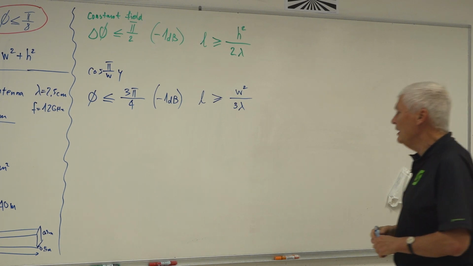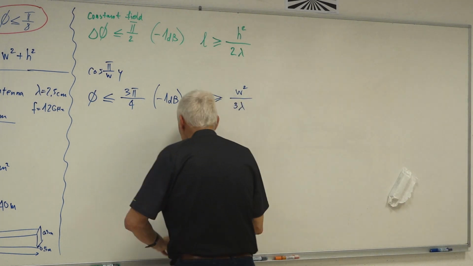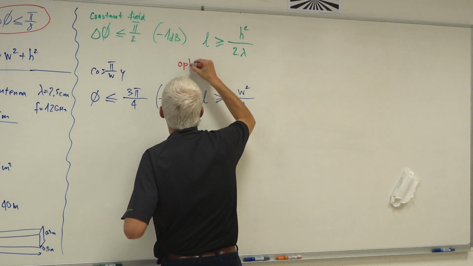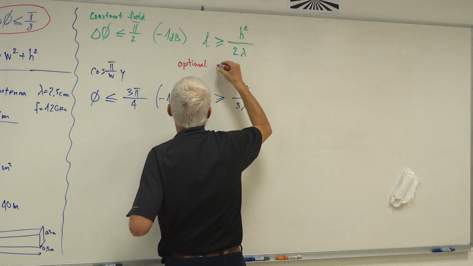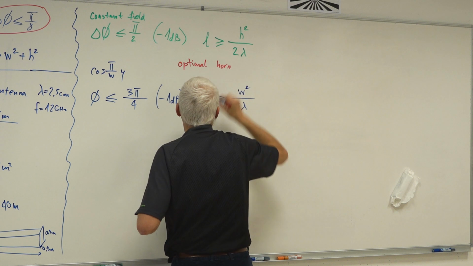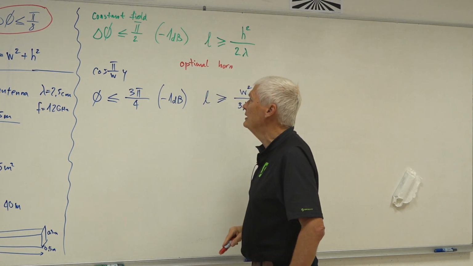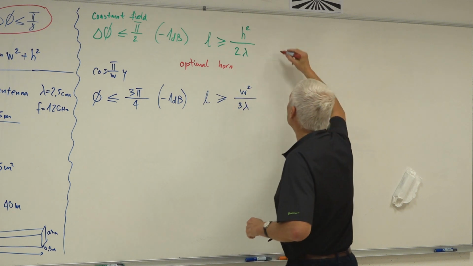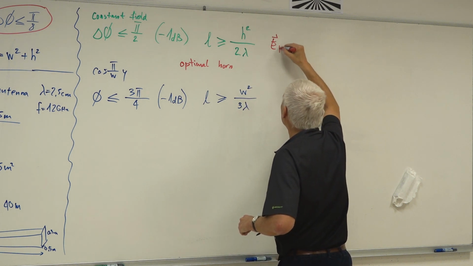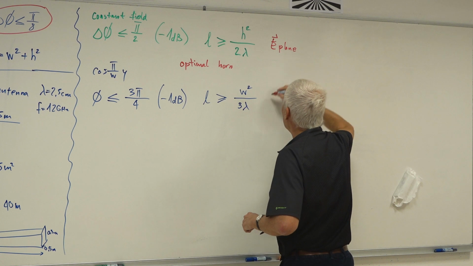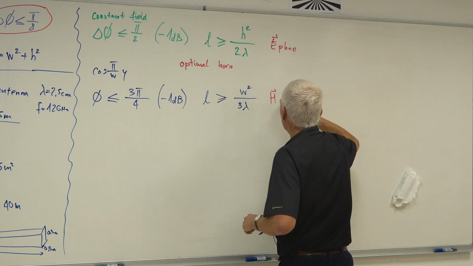So this I could call the optimal horn. Optimal horn that loses minus 1 dB in the E-plane and minus 1 dB in the H-plane.